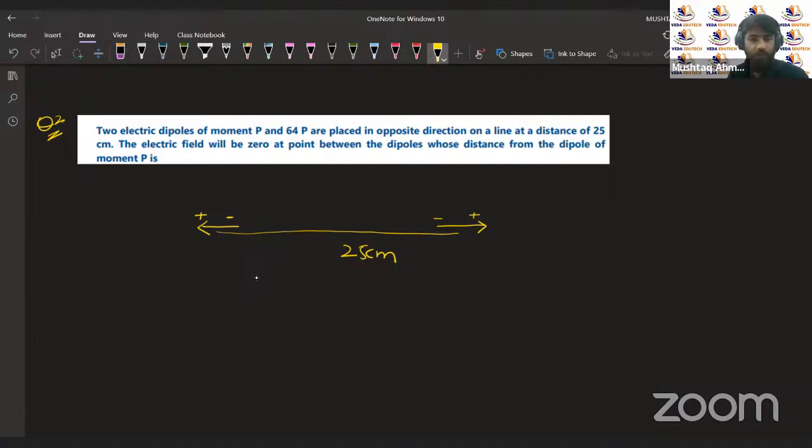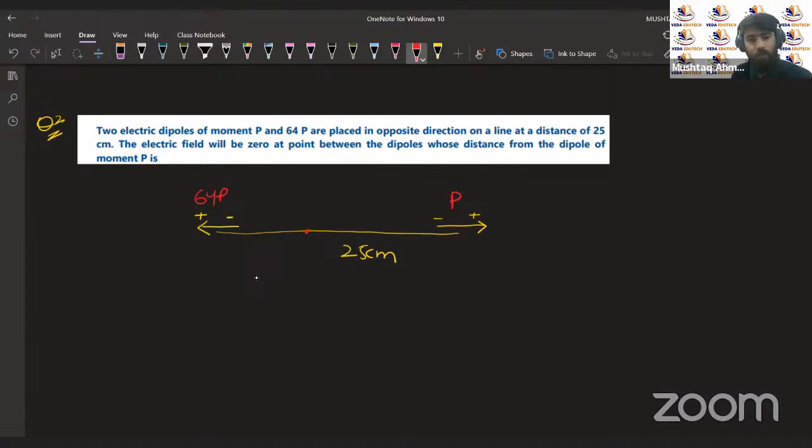And we know that the electric field due to a dipole on its axial line is along the direction of the dipole moment, right? Let's suppose that this is our dipole moment P, and this is our dipole moment of 64P.